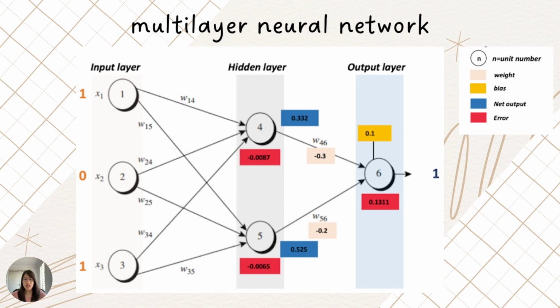X will be multiplied by the weights W and added to the bias. W, the weights, are initialized randomly. Now, the number of dimensions in the hidden layer will be determined by us. In this case, we make it 2. Because this is a multi-layer neural network, the output from the hidden layer will become x again and be multiplied by the weights.